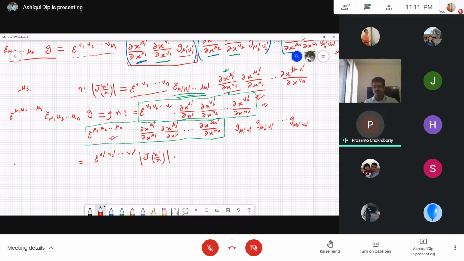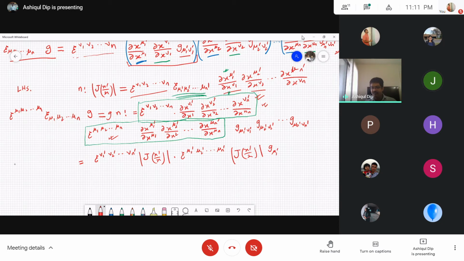E upper mu1 prime, mu2 prime up to mu n prime, times the Jacobian determinant. And then you have your G left, right?